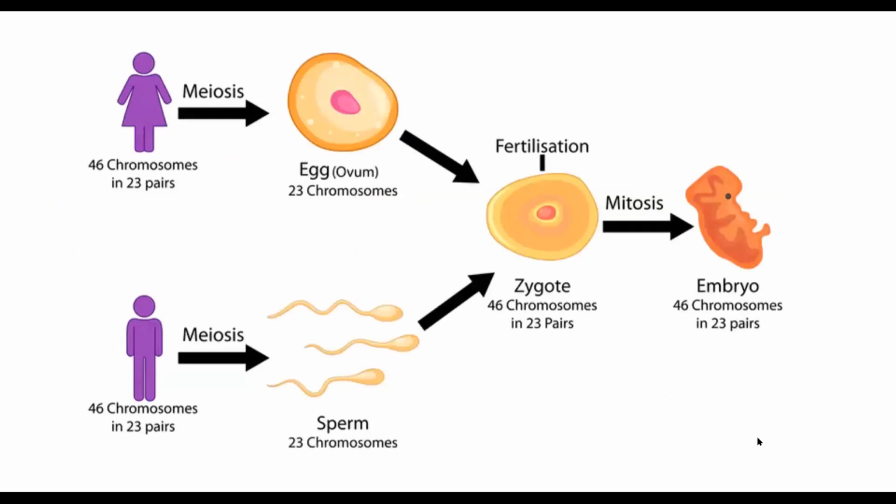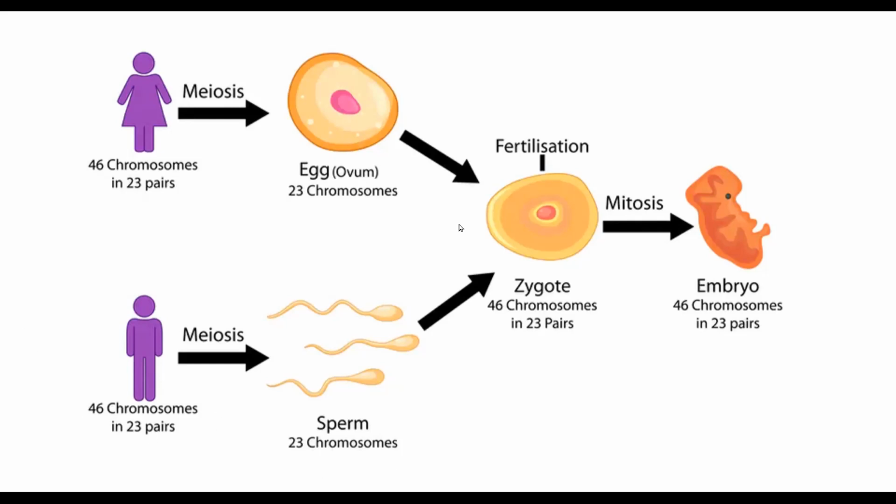In the simplest form, we're talking about 23 pairs of chromosomes. The mom has 46 chromosomes in 23 pairs. When the egg is developed, it has 23 of those chromosomes. The man has 23.